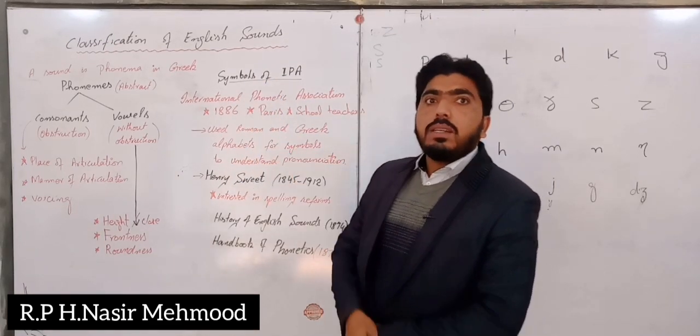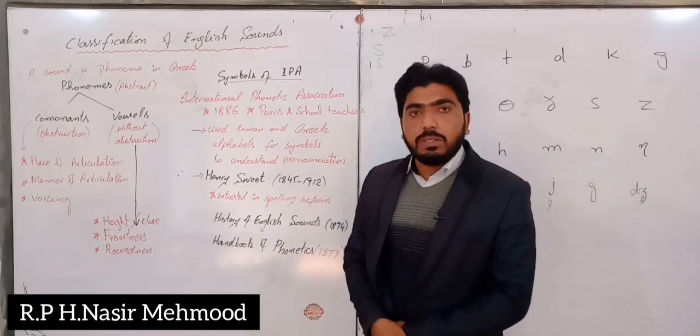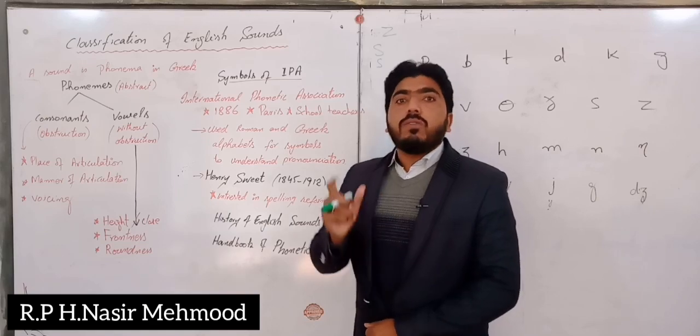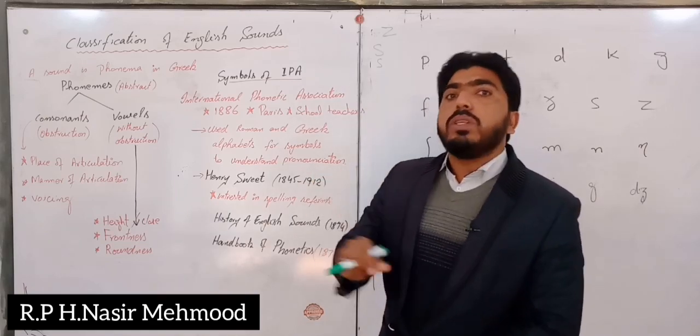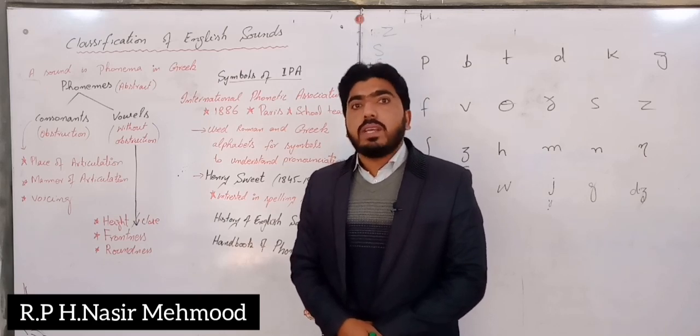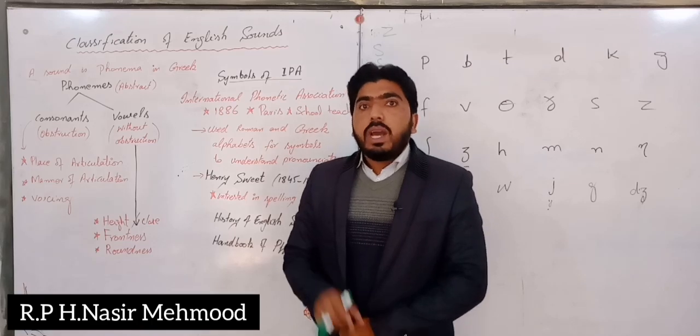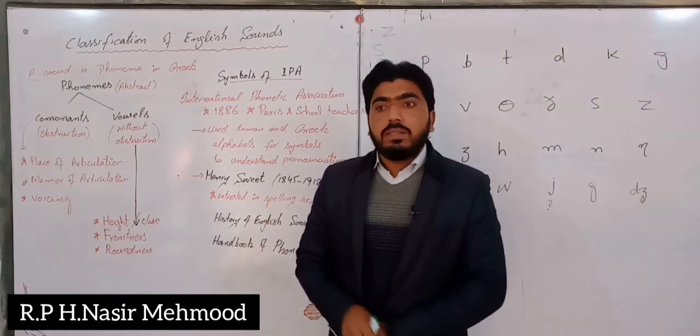One point let me make clear: why do we have all these phonemes in the English language? Because the spelling systems of all languages, especially English, are very poor. We are always confused, whether we are native or non-native speakers, in learning the spellings.